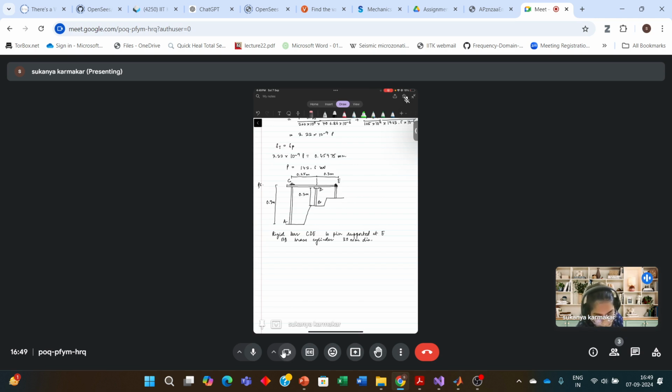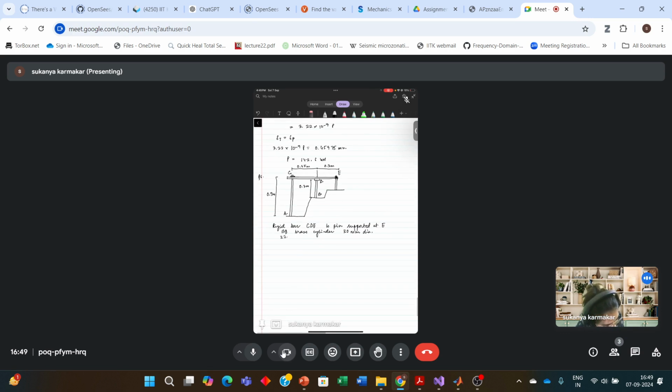A 22 diameter steel rod AC passes through a hole in the bar and is secured by a nut that is snugly fitted.